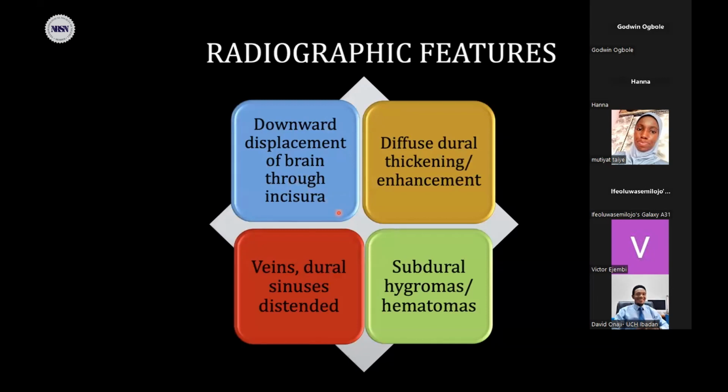This is due to the lack of the buoyant force that the CSF would exert on the brainstem. And this downward displacement of the brain, or brain sagging, also causes other features that we will see, because it will further compress the adjacent veins and cause more distension.